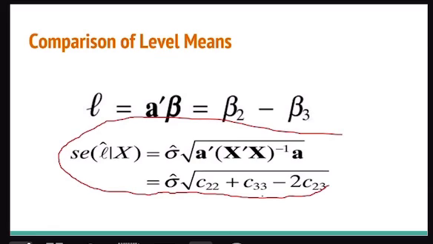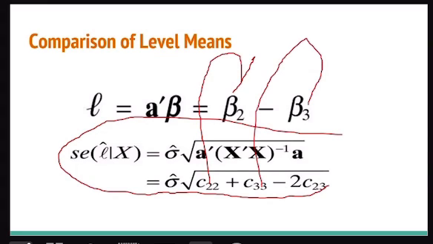Then inside the square root, because this is beta 2, I need the variance for that: the variance in others, C22, the variance in Africa, C33, and C23, the covariance, because I'm considering two different groups. And now how am I going to get my covariance matrix?